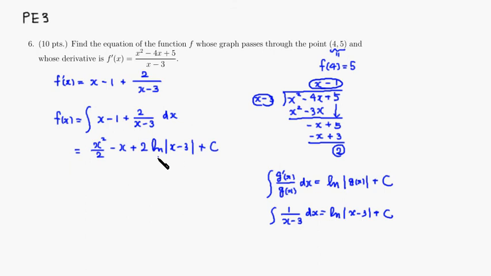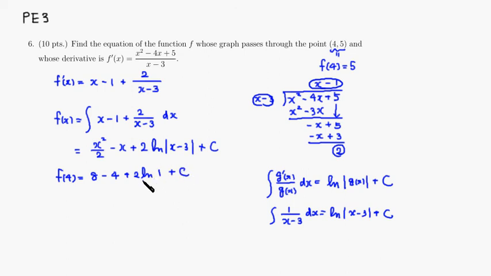This is the best we can do from the derivative, but we have another clue. It says that when you plug in x equals 4, we should get 5. So f of 4 is equal to 4 squared, which is 16, over 2 would be 8, minus x, which is 4, plus 2 times the natural log of 4 minus 3, which is 1, plus c.